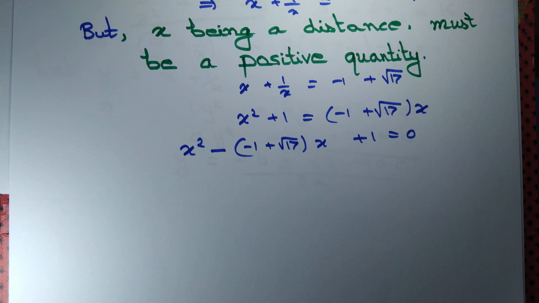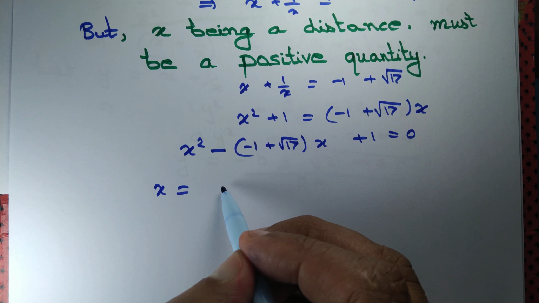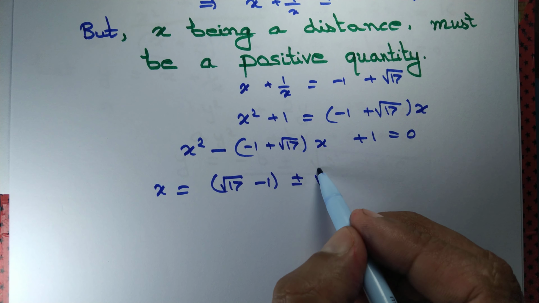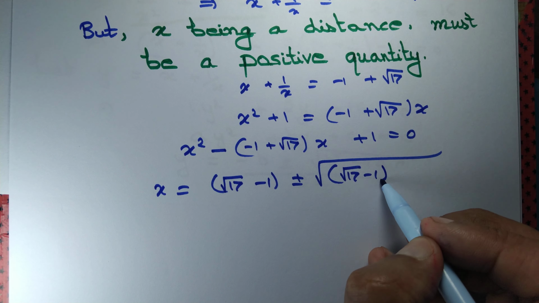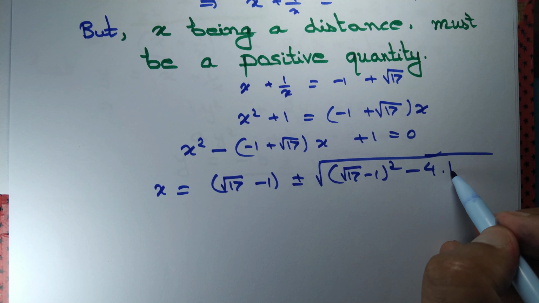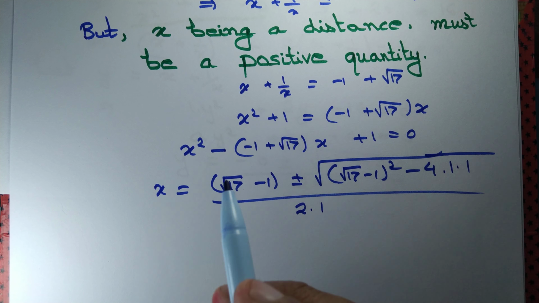So roots are given by x equals minus b, so minus of this quantity is root 17 minus 1, plus minus root over b square, so (root 17 minus 1) whole square minus 4 into a into c, 4 into 1, divided by 2 into a, where a is 1.